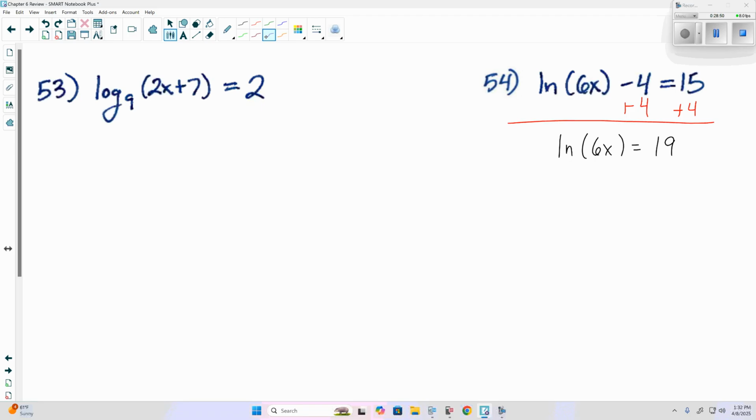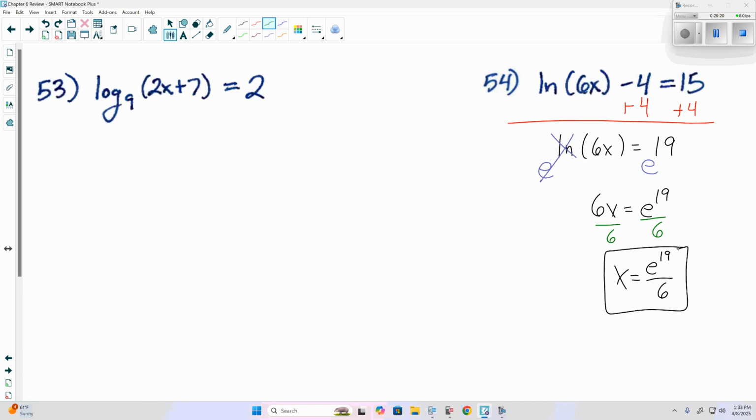Now that we do have one term on either side, we can put both sides to the base of e to get e to the ln to simplify down to 6x is equal to e to the 19. To solve for x, we would divide by 6, telling us x is equal to e to the 19th over 6. And that's it.